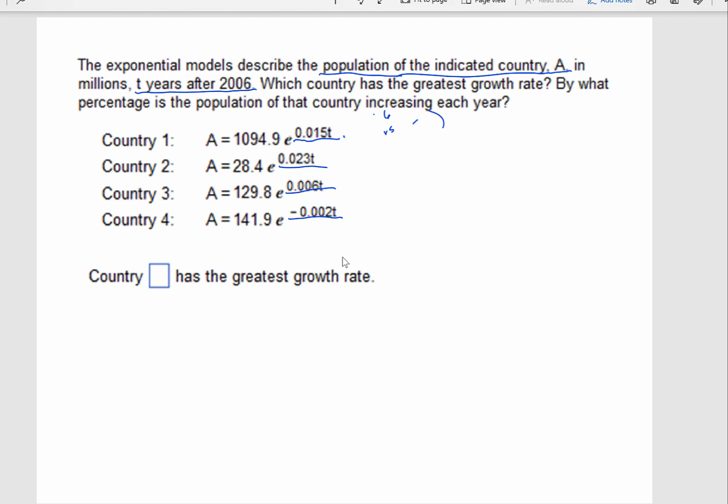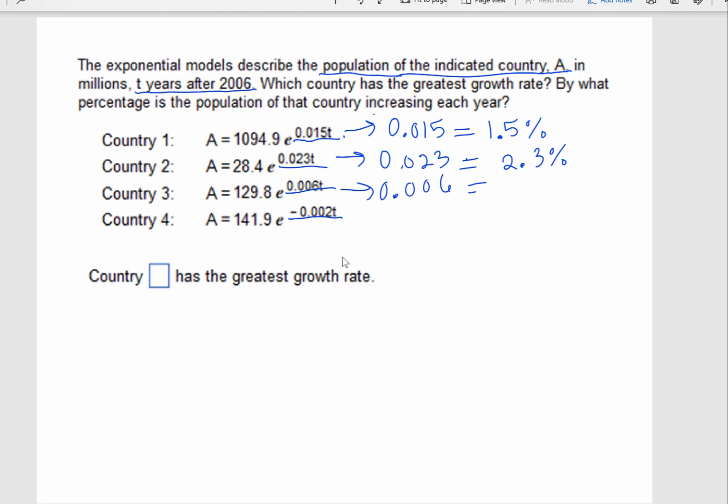for this first one, it would be 1.5%. I'm going to write the decimal out so you can see that. The second one would be 2.3%. The third one would be 0.6%.